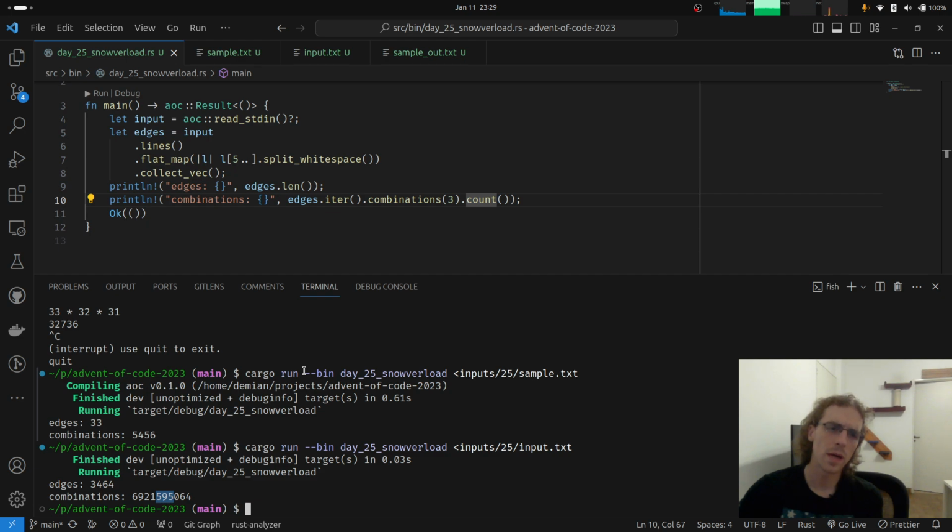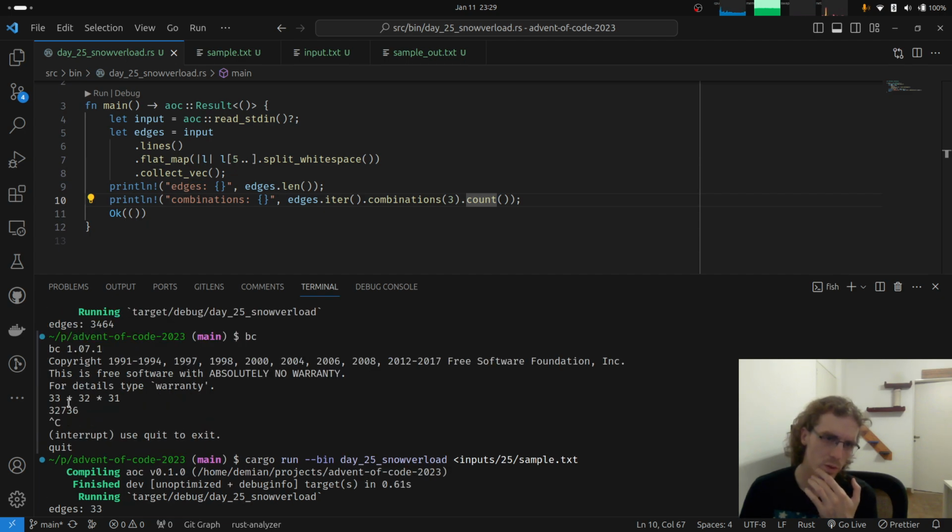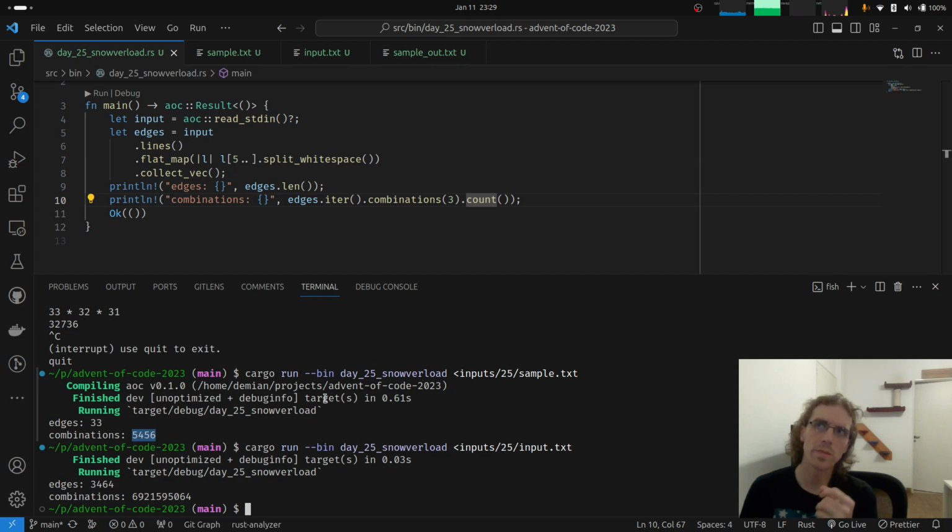Now I don't understand why this number is different from what we did here. Why are the combinations different? Oh, because I guess the combinations don't repeat. So I said, okay, the first one can be any of the vertices.